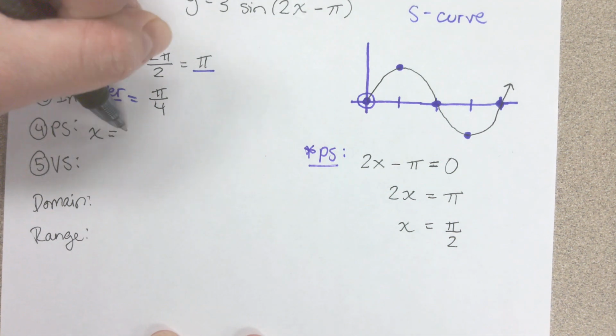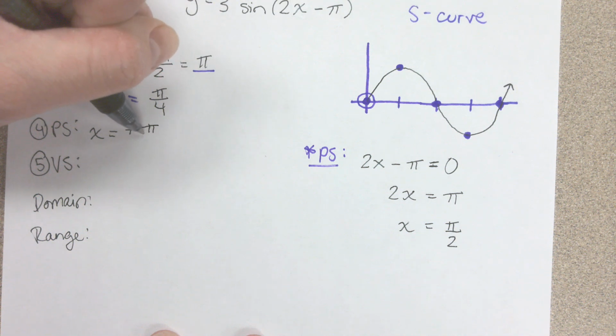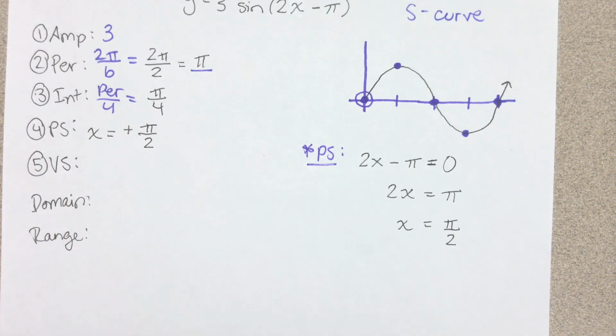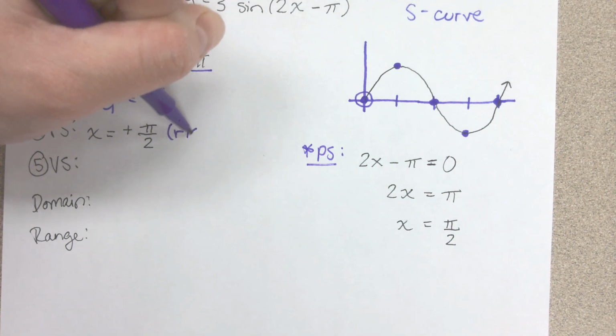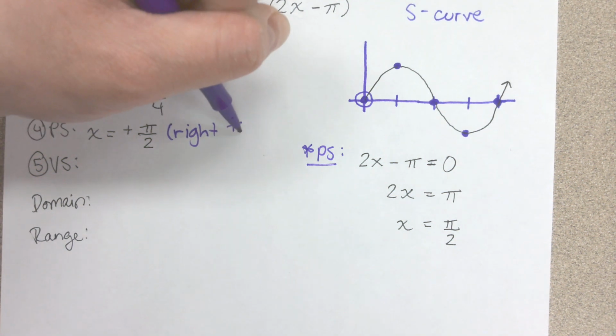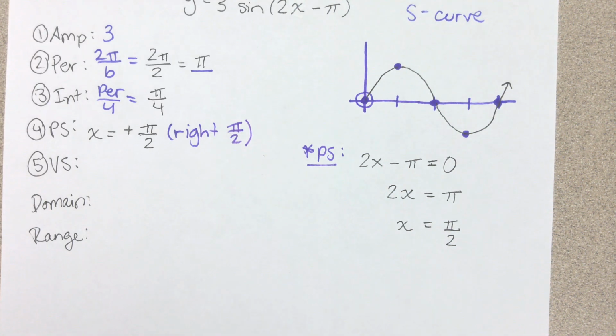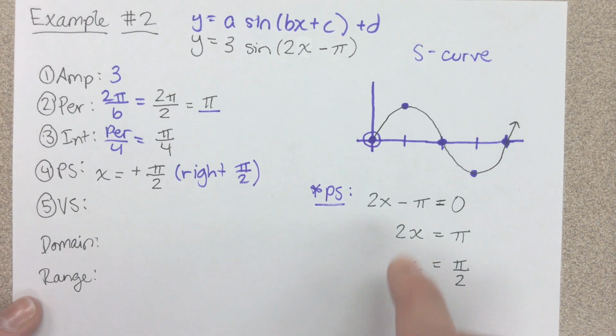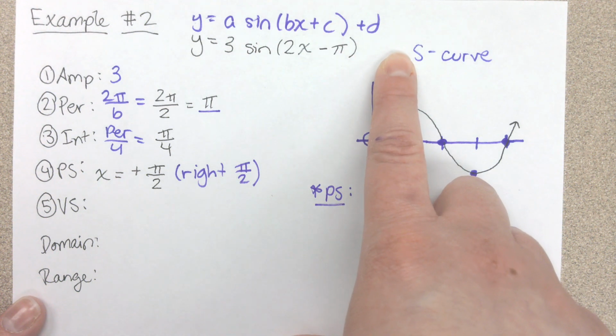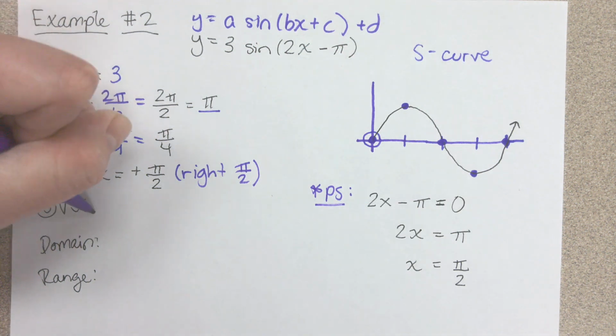So our phase shift, x equals, and this is just for emphasis, I'm going to put a plus in front of that pi over 2. Positive pi over 2, meaning this is a shift of right pi over 2. Vertical shift would be added at the end here. Clearly we have nothing in that spot, so there is no vertical shift.